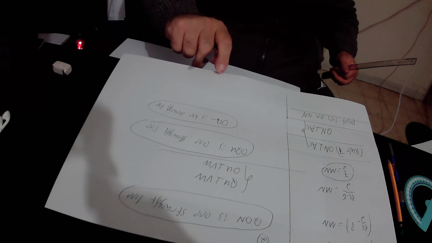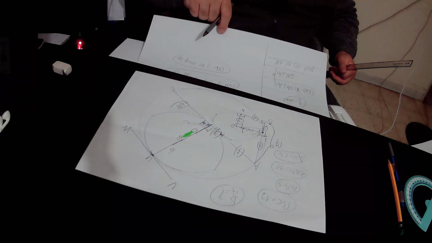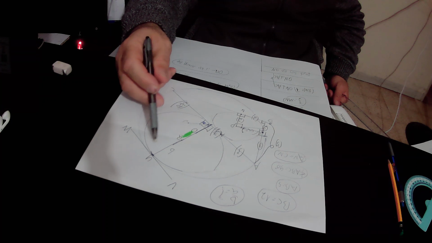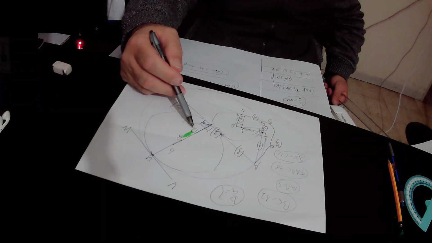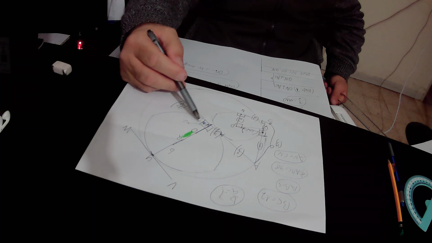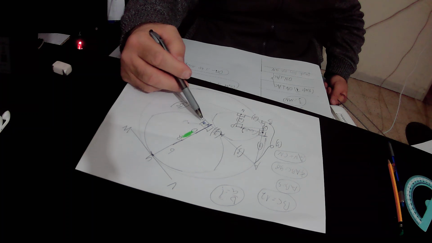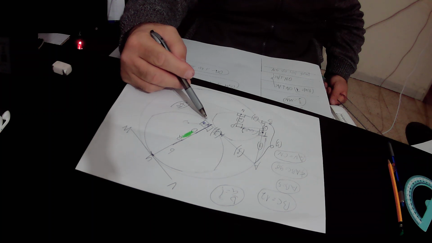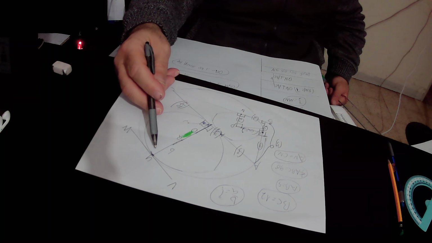And because it is one straight line, all the 4 points N, O, Q, and U are located on the same big straight line. So if N, O, Q, U is one straight line, then N, Q, U is also one straight line, and therefore NU is also one straight line.